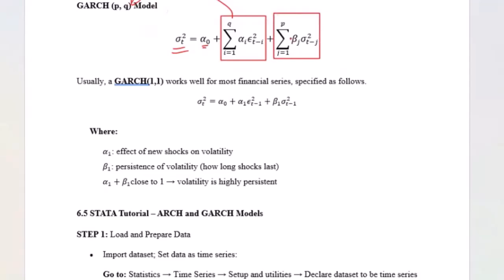Then this one here is what we have introduced, what we are now calling the volatility. So the volatility is P. That's why we have Q at the top, then we have P at the top here. So if we want Q to be 1 and P to be 1, then this will be the GARCH(1,1) model. If you want Q to be 2 and P to be 2, it is the GARCH(2,2) model. As simple as that.